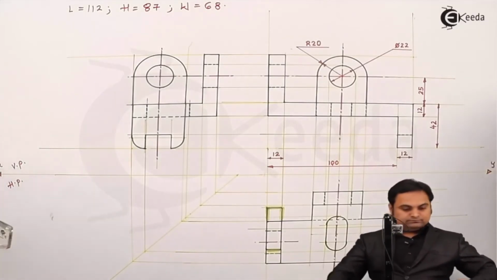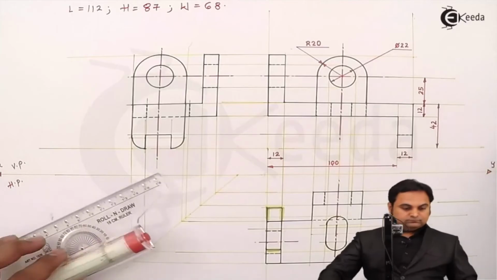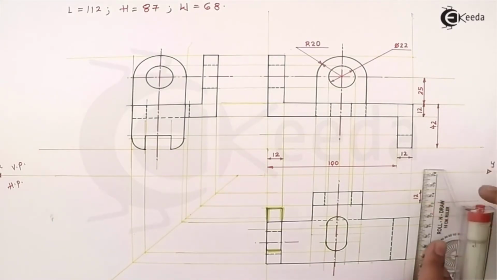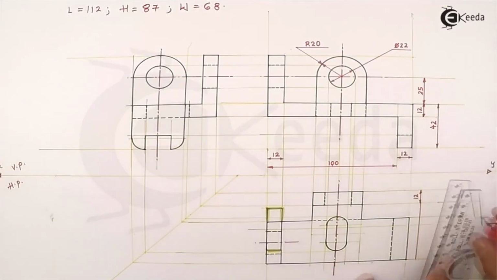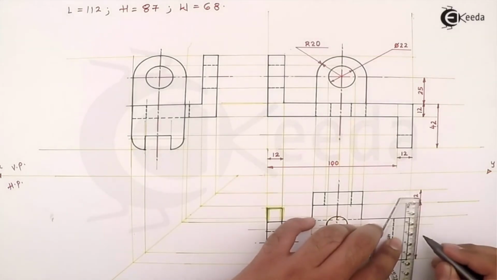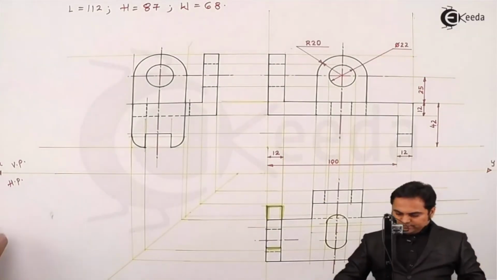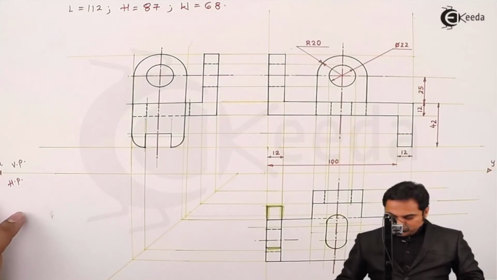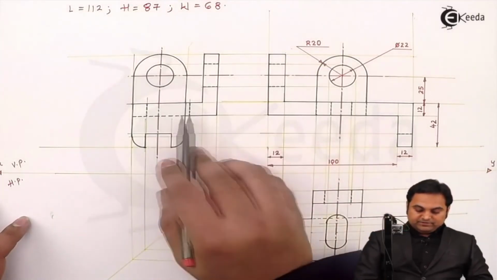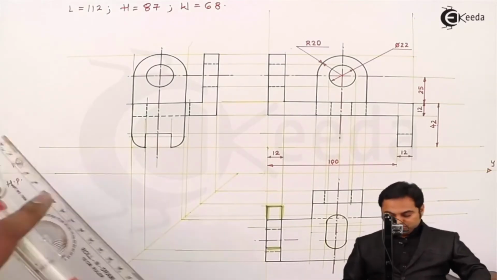Then this width is 56 mm. After getting this 56 mm width for this portion, I'll give the dimensioning here because in the front view and in the side view I'm getting it hidden, but in the top view I'm getting the two shapes, so giving the dimensions here.